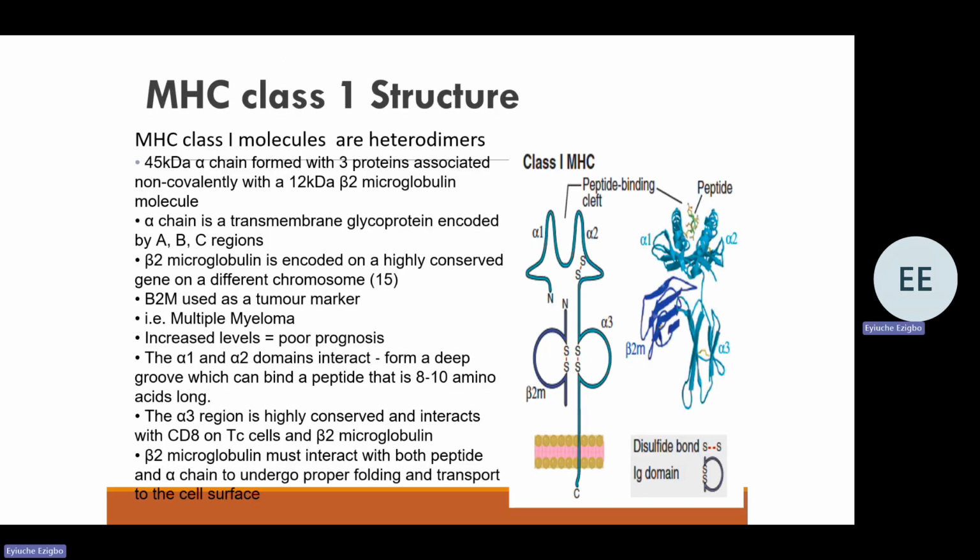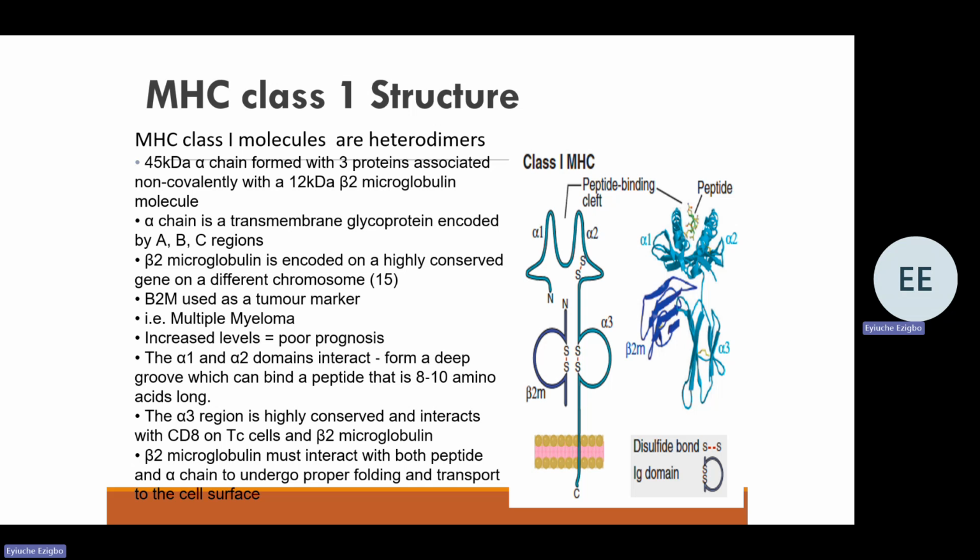So looking at the structure of the MHC class 1 molecules, they are heterodimers, 45 kilodaltons, okay? An alpha chain formed with 3 domains associated non-covalently with a 12 kDa beta 2 microglobulin molecule. When you look at the diagram, you will see the 3 alpha domains.